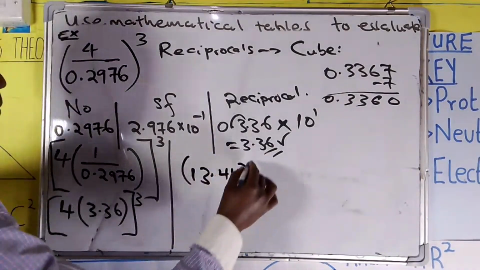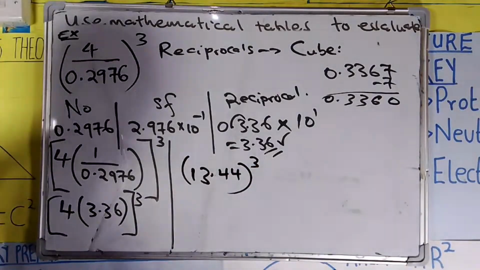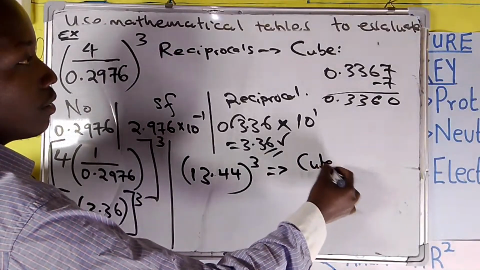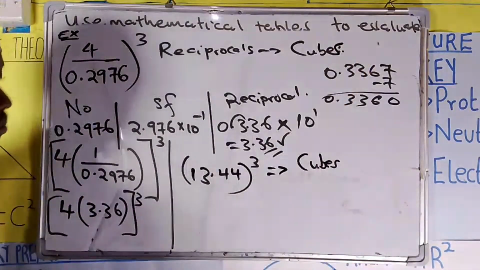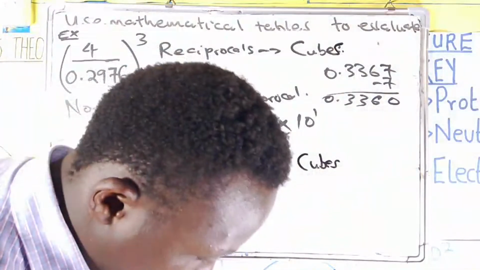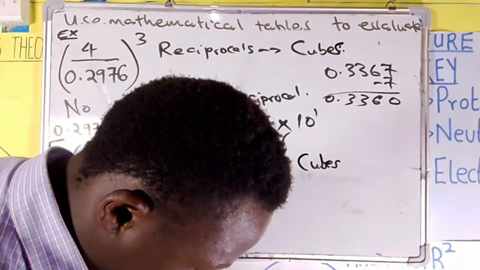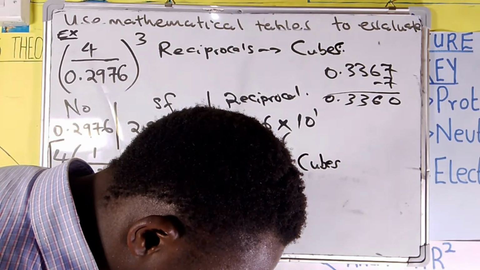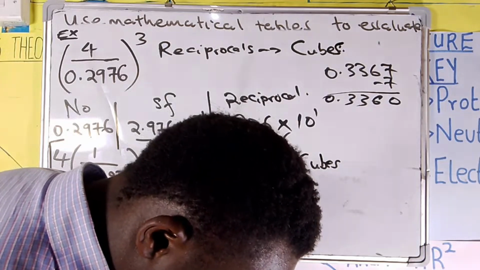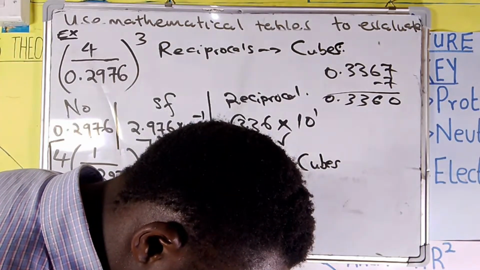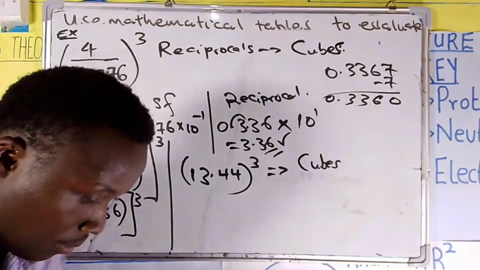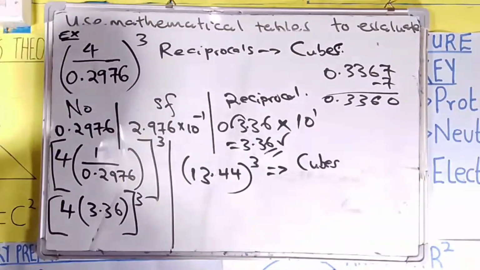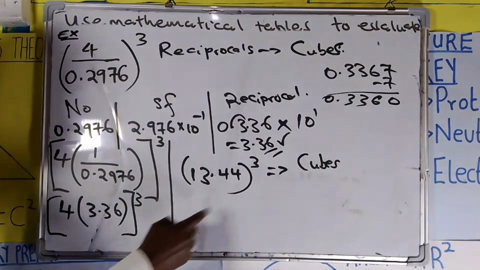So we now have 13.44 cubed. We are supposed to cube that. So we will now get to the table of cubes, which is on page 25. The table of cubes starts from 1.0 to 9.9, so we must also write this number in standard form.